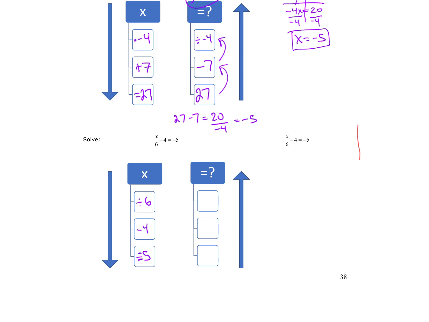So then, to go in the reverse order, we start at negative 5, minus 4, inverse is plus 4, divide by 6, inverse is times 6. And when we go up like that, I have negative 5 plus 4, which is negative 1. And then times 6 is negative 6. And so that's my answer. X equals negative 6.